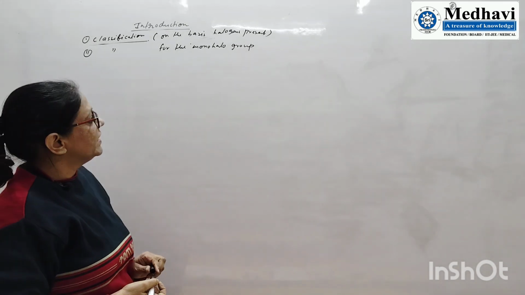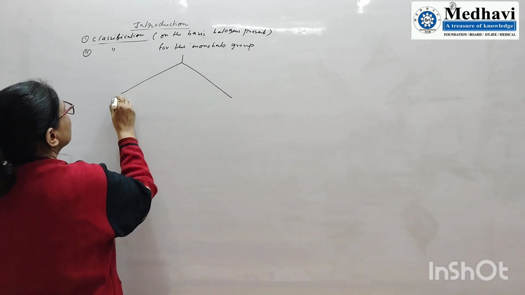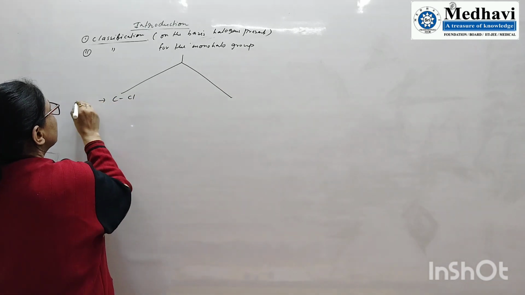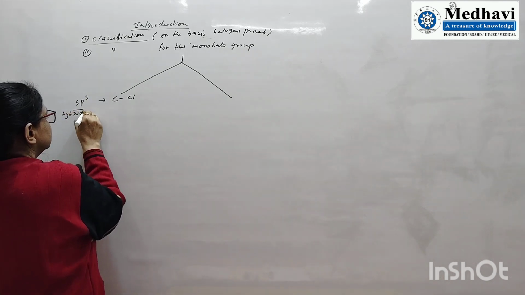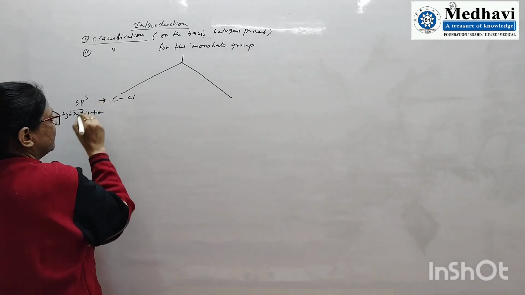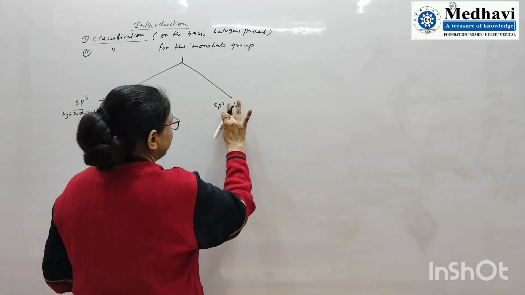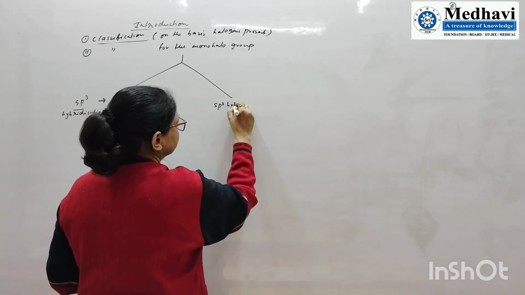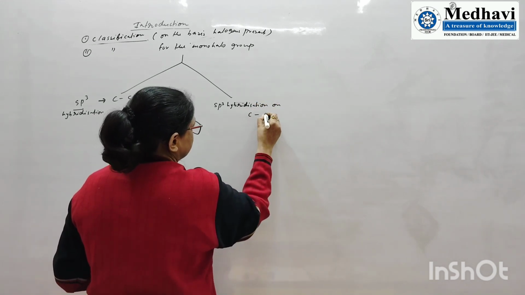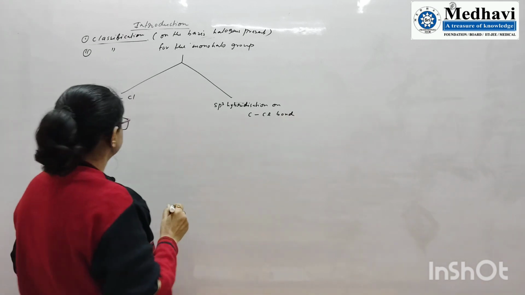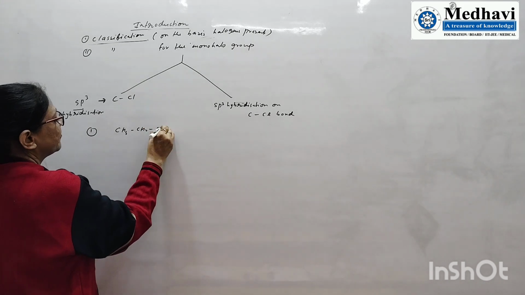If a single halogen group is present, then it is classified on the basis of the hybridization of the carbon-halogen bond: sp3 hybridization and sp2 hybridization on the C-Cl carbon. Very, very important. Here first I am using this compound, CH3CH2Cl.